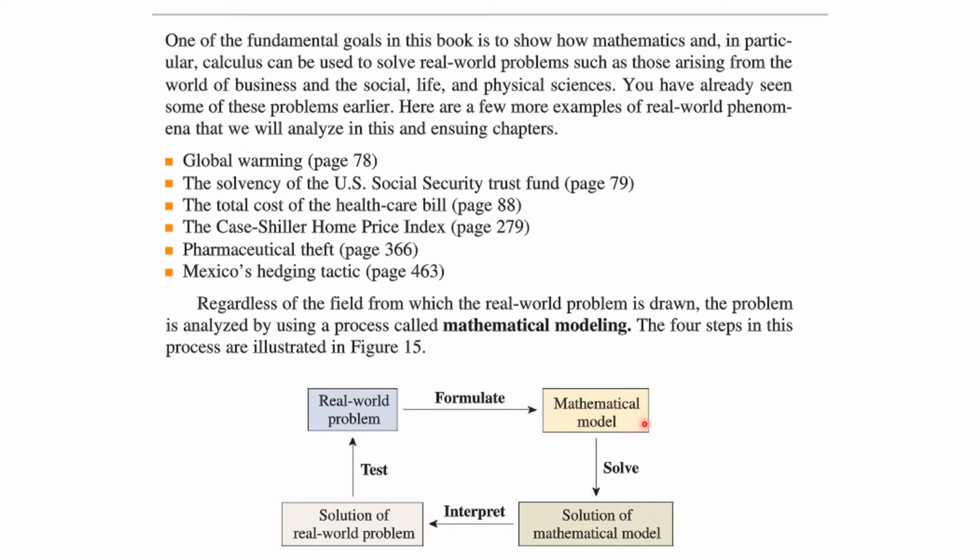We then use mathematical techniques we will discuss in the course to solve that mathematical model. So we have a solution to the mathematical model. We will interpret that solution in terms of the real-world problem, and we really should test to see if it is useful in the real world.